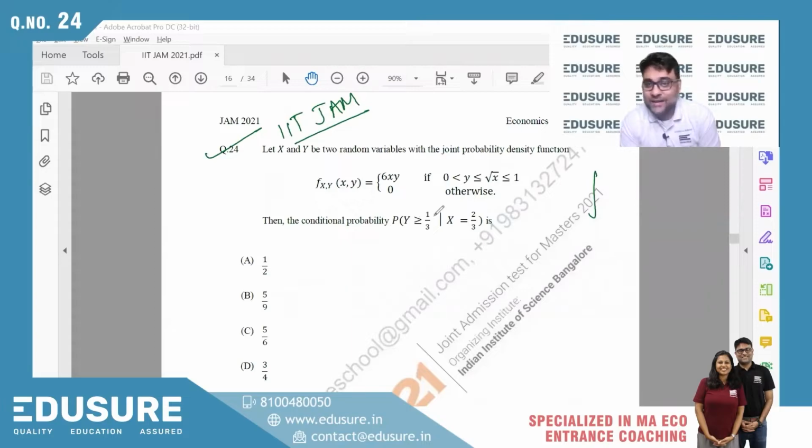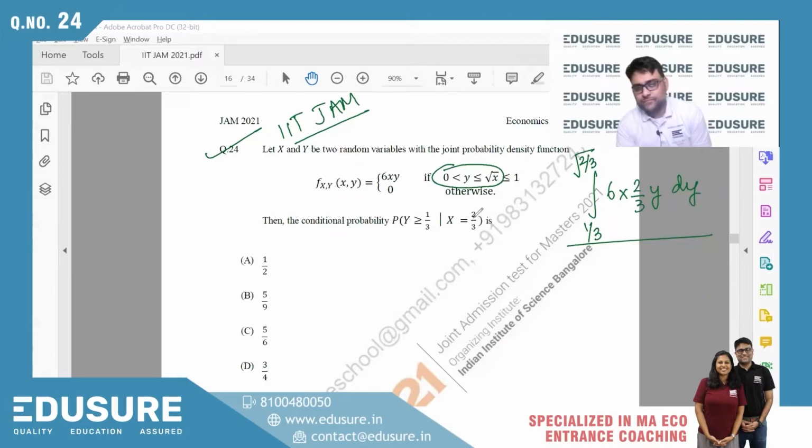Integration. y is greater than or equal to 1 by 3, and y is lying between 0 to root x. So from 1 by 3, and with x equal to 2 by 3, root x will be root of 2 by 3. 6 into x, whose value is 2 by 3, and y will be y, so this dy. This will be my numerator, and my denominator will be as follows. x is equal to 2 by 3 is given, right?